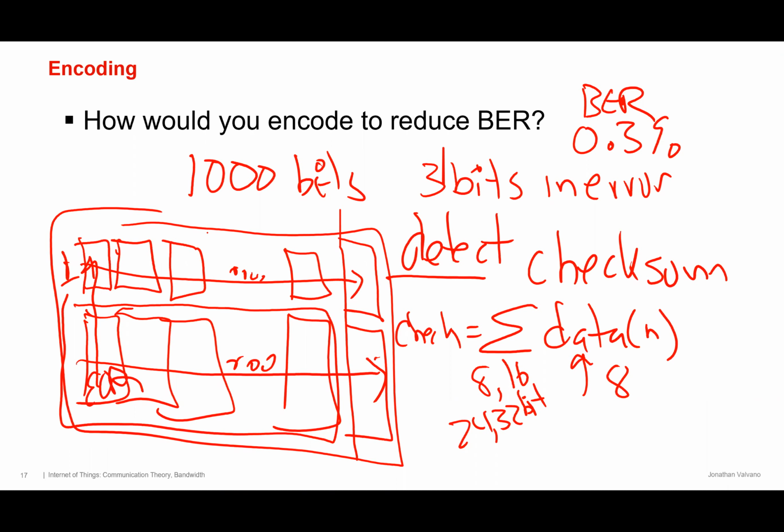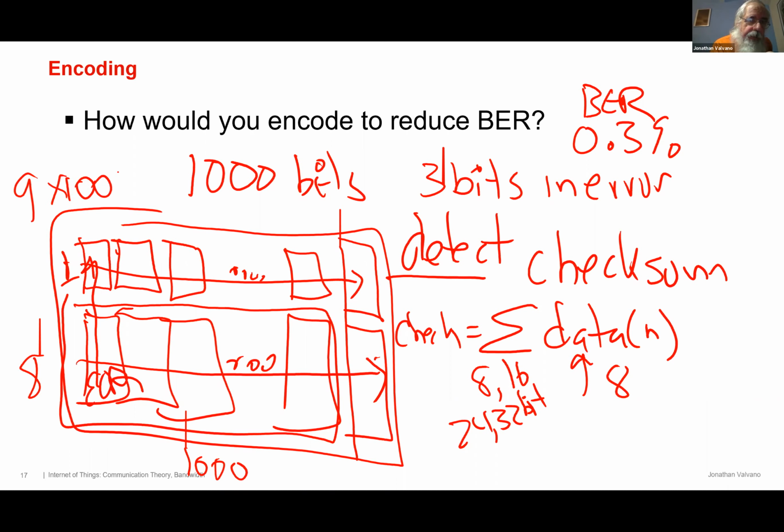So an 8-bit packet, 8 times 1,000. I'm going to send 9 bits times 1,001. So I've got 8,000 bits in my packet, and I'm going to send 9,009 bits.